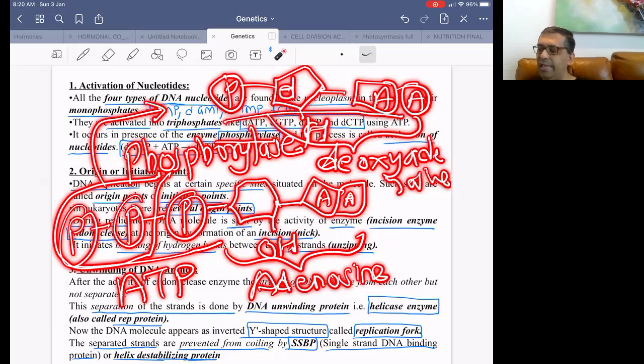So this is deoxyribose sugar. Phosphorylase removes two phosphates from adenosine triphosphate and converts it into adenosine monophosphate.